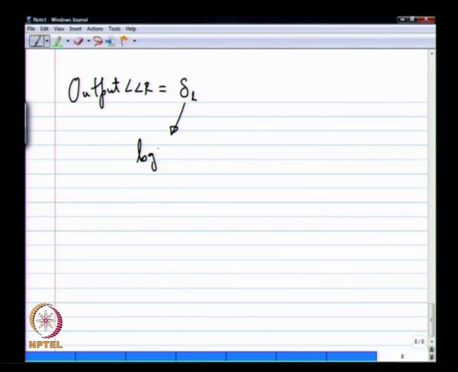This is basically log P of 0 by P of 1, that is delta L, plus 2 times YSL by sigma squared, plus something else, and what will that something else be? Okay, the extrinsic output.